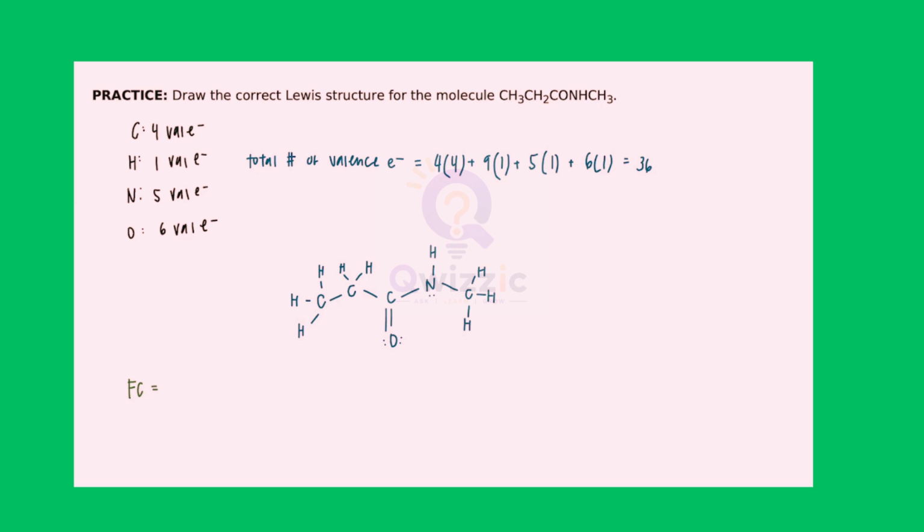So the equation for that is we take the number of valence electrons of the atom minus the number of electrons in lone pairs plus the number of bonds that it's forming. And that gives us our equation to calculate our formal charge.